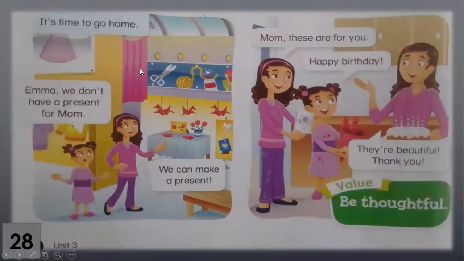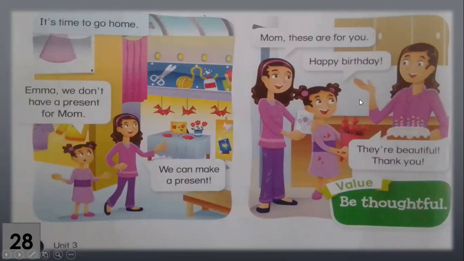It's time to go home. Emma, we don't have a present for Mom. We can make a present. Mom, this is for you. Happy birthday. They're beautiful. Thank you.